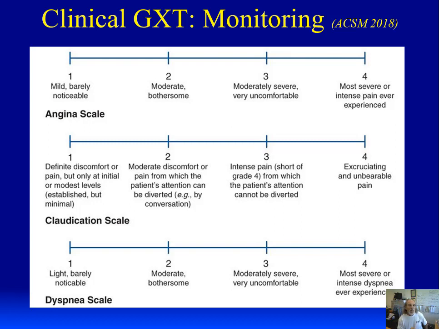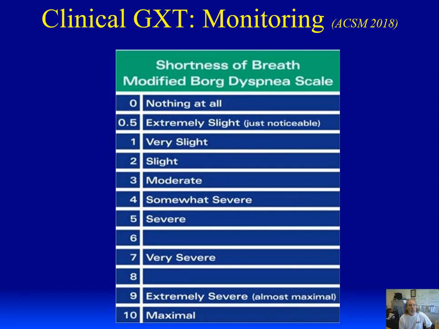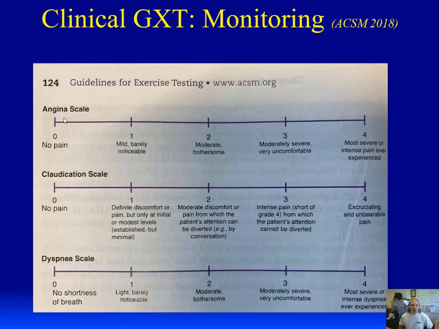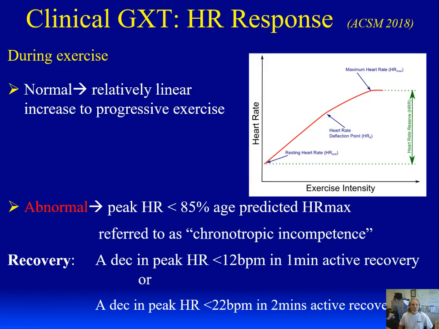Because remember, your patients with PVD, which can be cardiac patients, they can be diabetic patients, etc., they're going to do intermittent exercise training. And then the dyspnea scale. So this is the normal Borg scale. I told you I use the 1 to 10 scale. And we spoke about angina, claudication, and dyspnea scales.